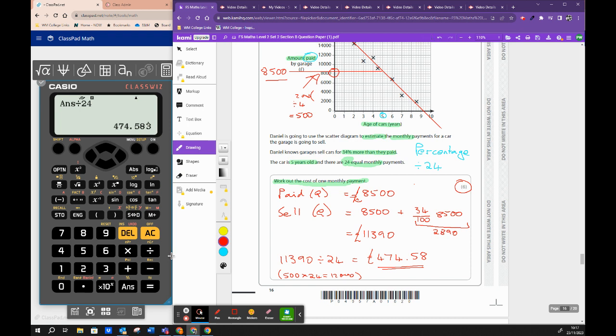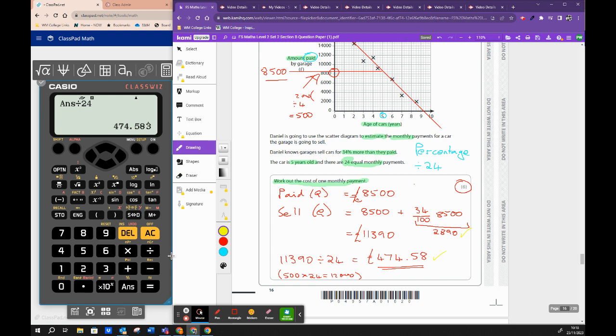Let me just check this calculation here. 34%. Well, 10% is going to be 850. Call that 900. 3 lots of 900 is 2,700. So I'm okay. I'm happy there.